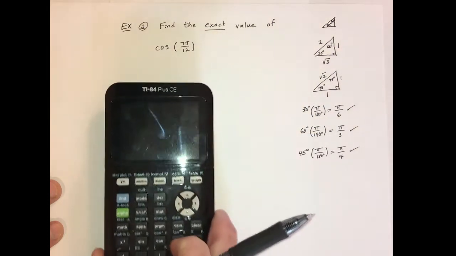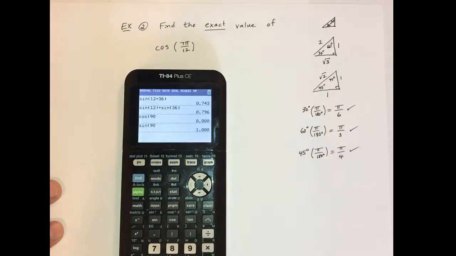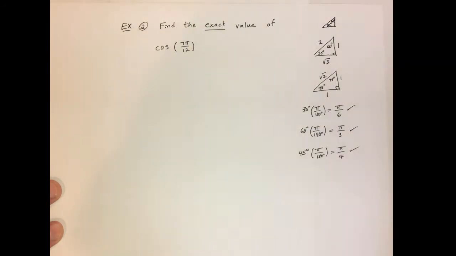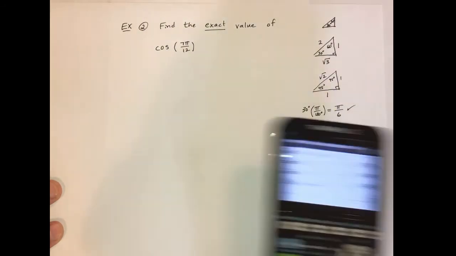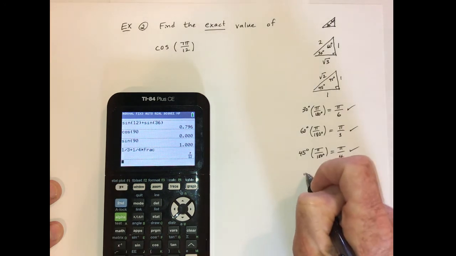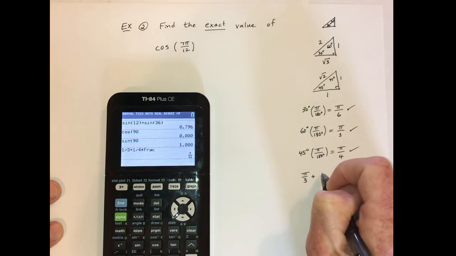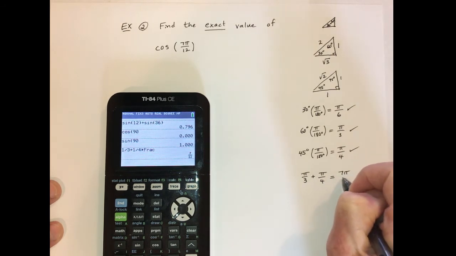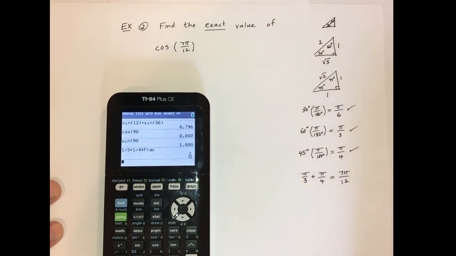So what if we added those together? So 1/3 plus 1/4 as a fraction just happens to be 7/12. So on this part I just left off the pi part. So in other words, pi over 3 plus pi over 4 will equal 7 pi over 12. So that's what we should use.